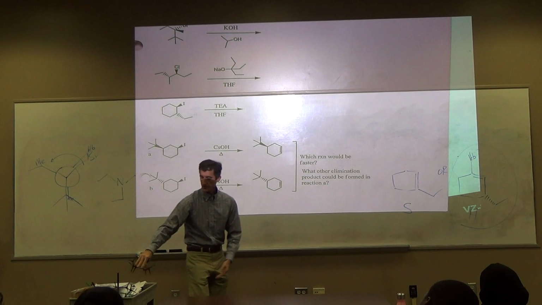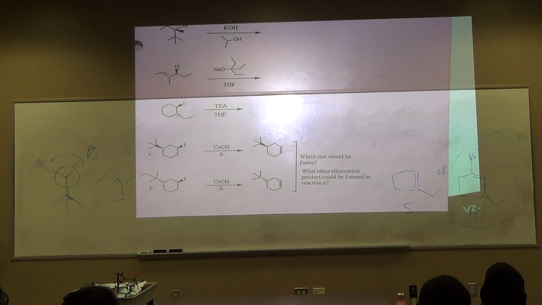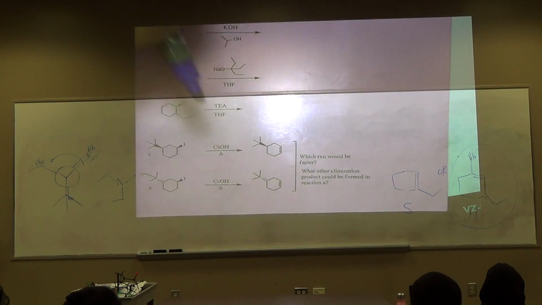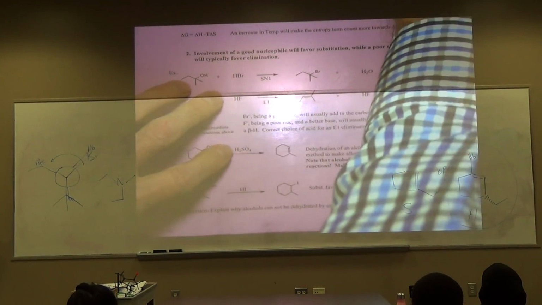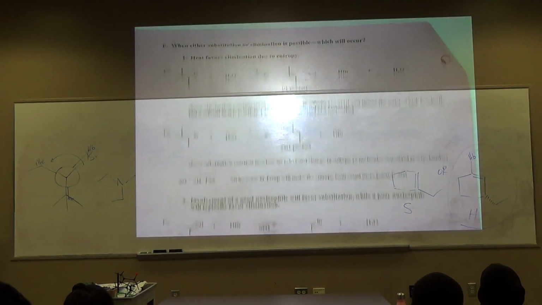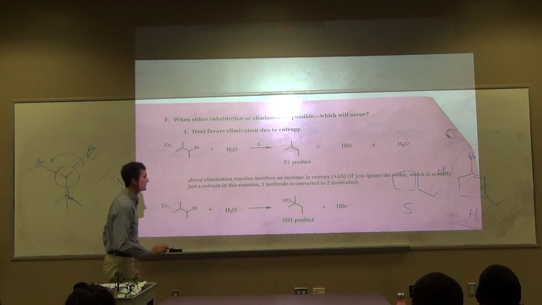Okay, so let's start thinking more about substitution versus elimination. If both can occur, which one's going to take place? All right, let's look at some of these types of considerations.